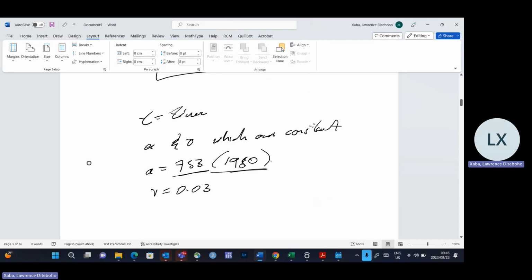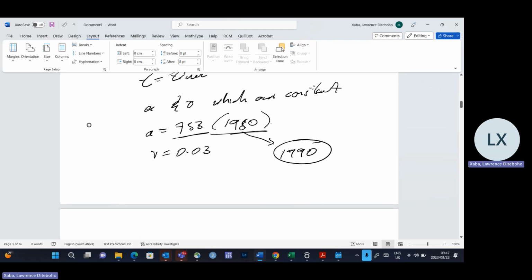So now we are saying, let's study our population after a period of 10 years. Now we look at the population after 1990. So we are moving from 1980 to 1990, which is 10 years after.